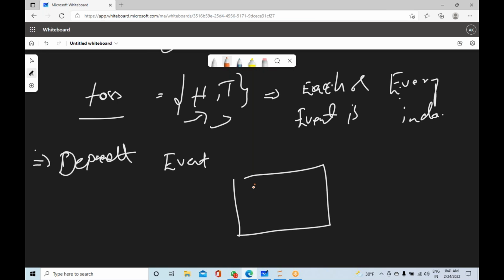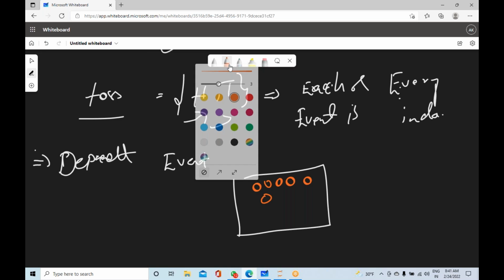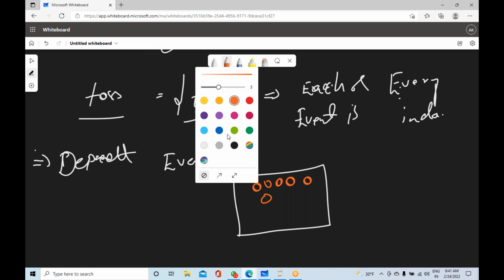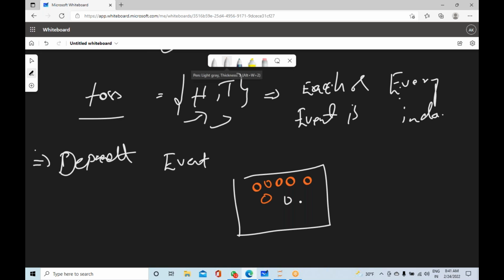Out of the 10 balls, 6 balls are red balls. The rest, 4 balls, are, let me consider, white. So 4 balls are white balls and 6 balls are red balls.